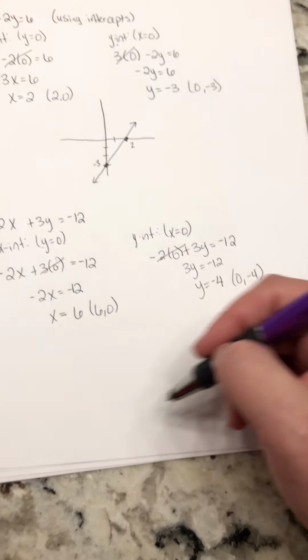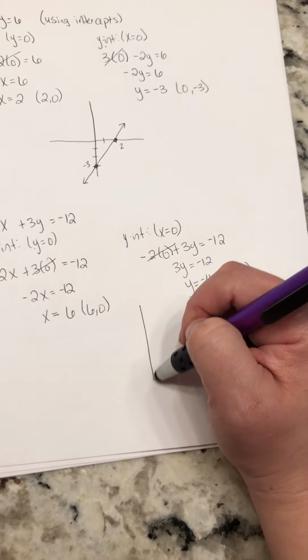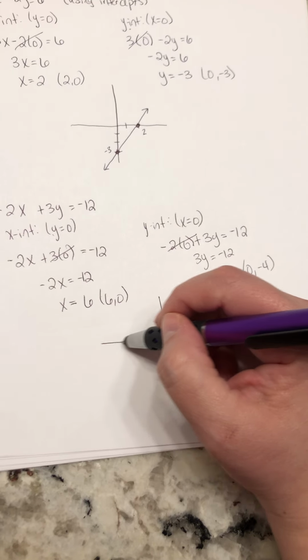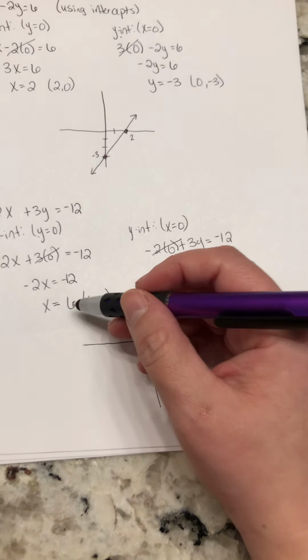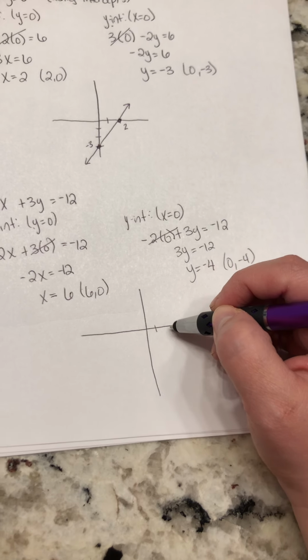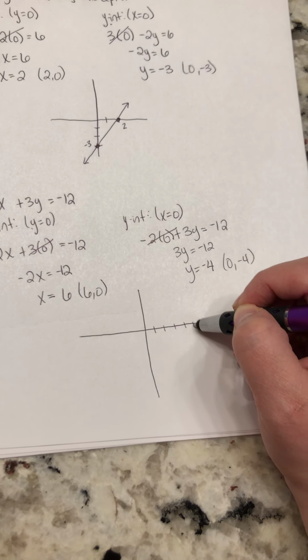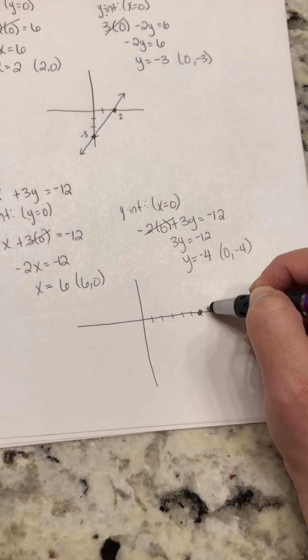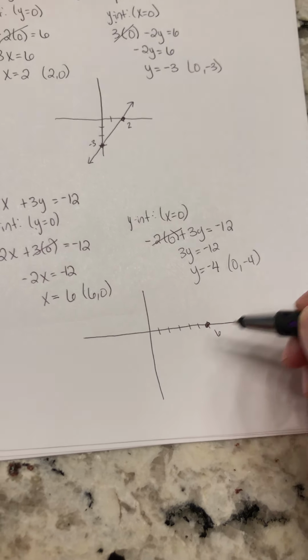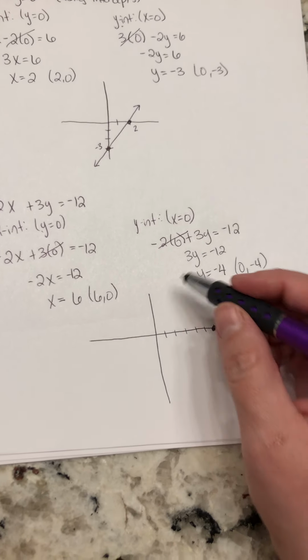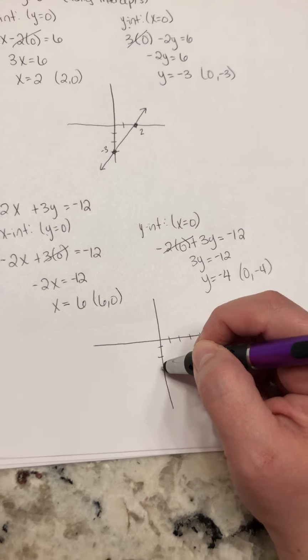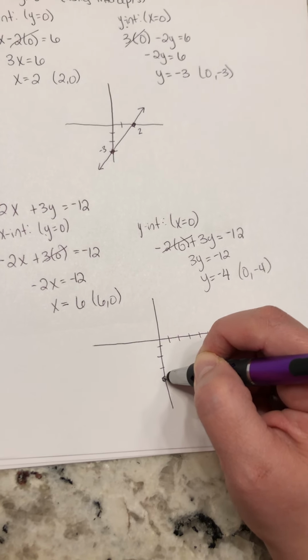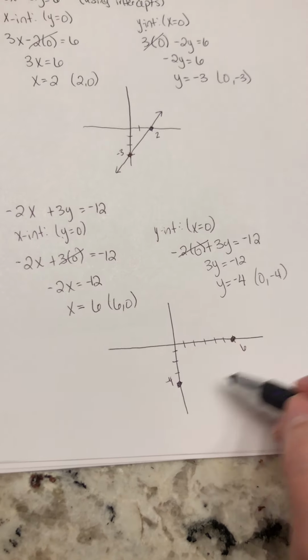So again, I'm going to draw my graph, plot those 2 points, and connect them. So my x is 6, so I have to go over to 6. 1, 2, 3, 4, 5, 6. So that's 6. And then my y is negative 4, so I have to go down 4. There's my negative 4, and then I connect those.